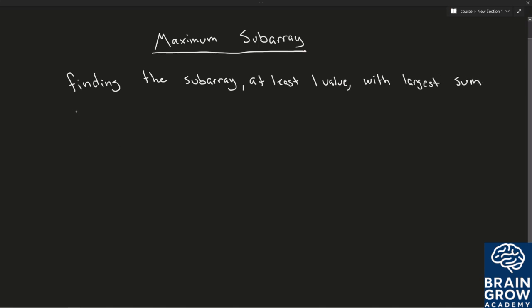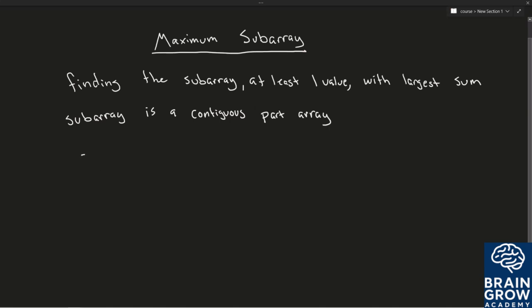And the one rule to this is a subarray is a contiguous part of an array. And if you don't know what that means, I will explain it in just a second.